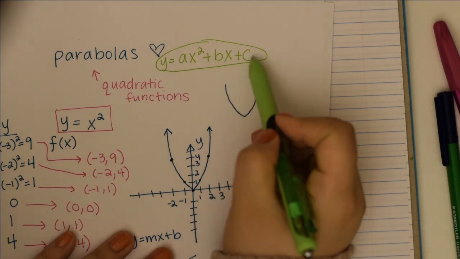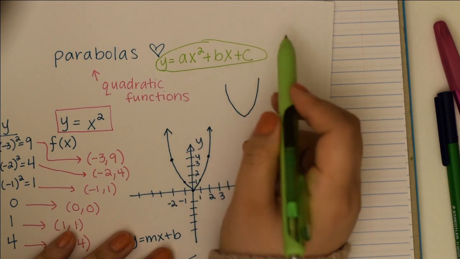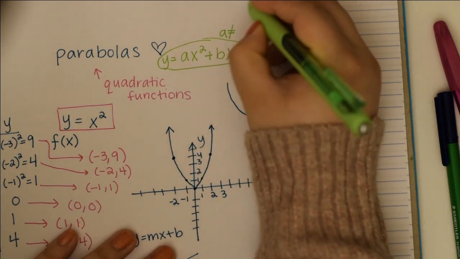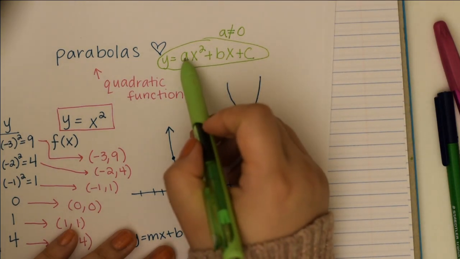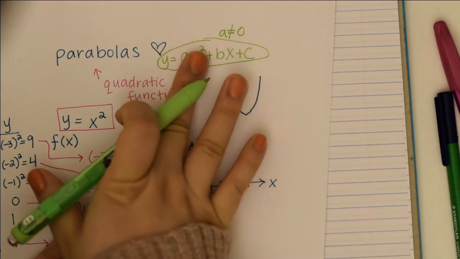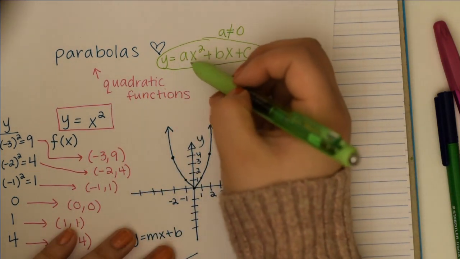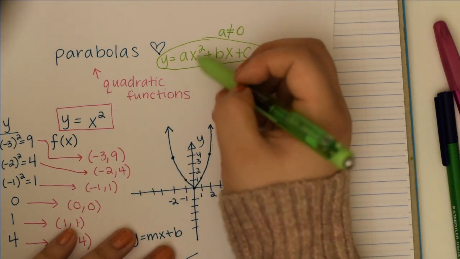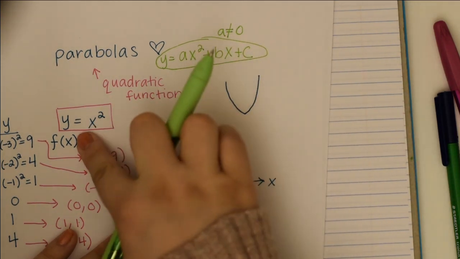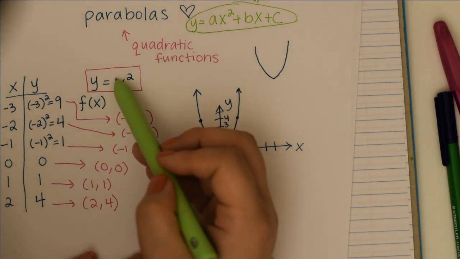Okay, so I told you a, b, and c are numbers, but b and c can be 0, like in this case. But a cannot equal 0, because if a equals 0, you'll get 0x squared, which becomes 0, so you'll end up just getting bx plus c, which is linear. So as long as you have at least an x squared somewhere in there, even if these two are 0, it's still quadratic, as we see. You'll see here, for instance, a is 1.